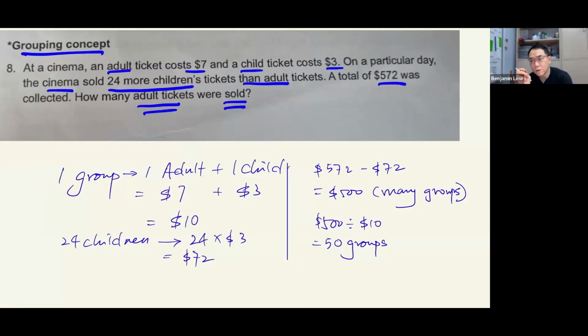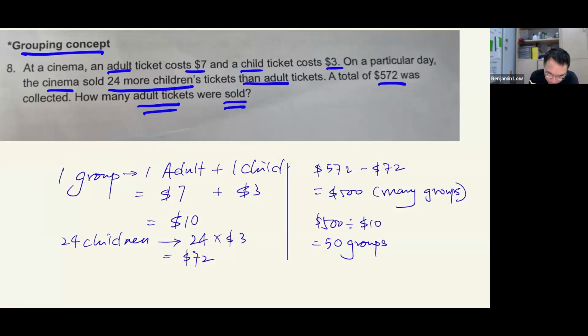Okay, so how many adult tickets were sold? Right, so I'm going to ask you, how many adult tickets are there in one group? The answer is 1. One adult ticket in one group. So if I got 50 groups, how many adult tickets do I have? The answer is 50.